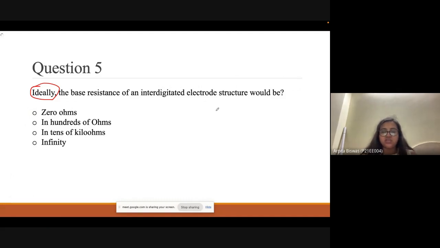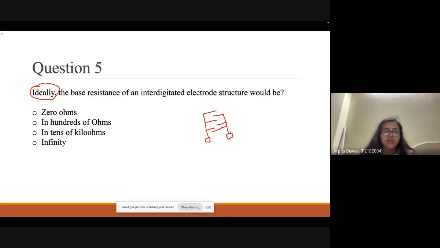Interdigitated is a structure. I have already shown that this is the interdigitated structure, with more electrode fingers in between, and there is an electrode pad present.